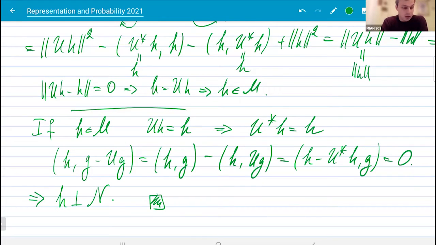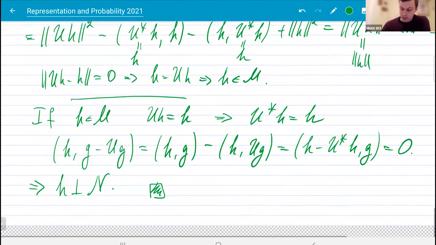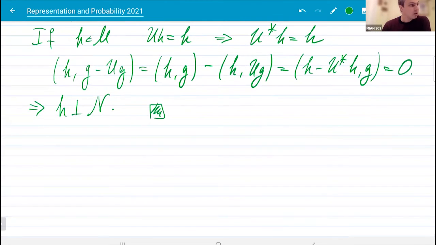Let me now discuss another result, which is less geometric, so it is maybe difficult. So here, as you see, it's just some geometry of Hilbert spaces, nothing more.